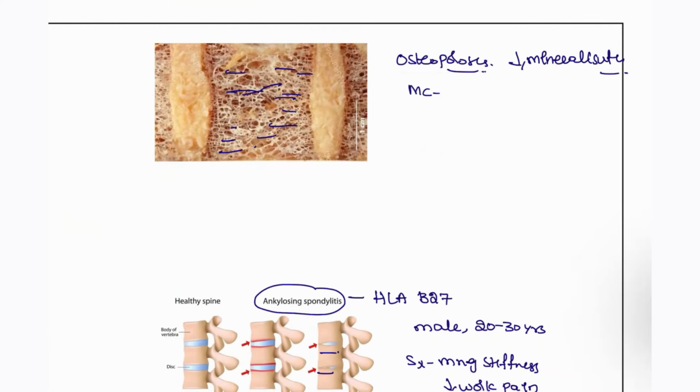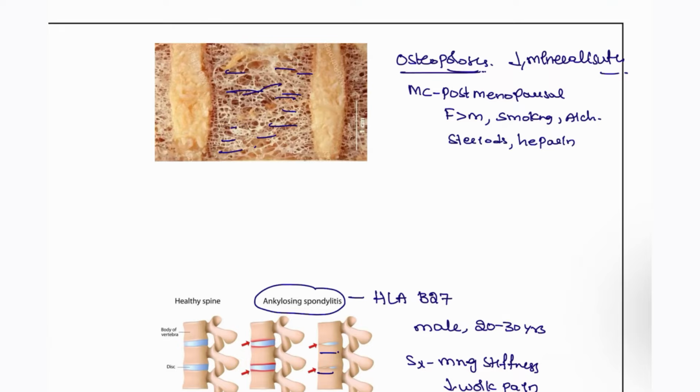Especially most common in post-menopausal patients, and also females more than males, and the patients who have a history of smoking, alcohol, those who are taking steroids, anticoagulant drugs such as heparin, and also those who are taking cocaine or toxins. This kind of people will be having osteoporosis.